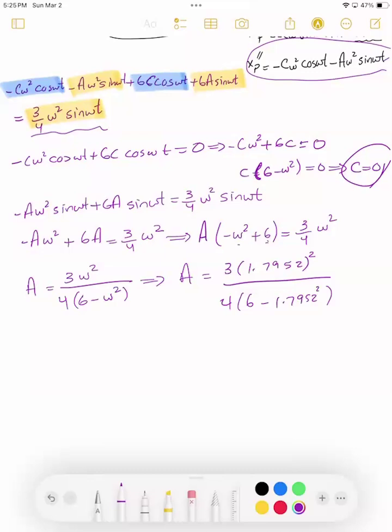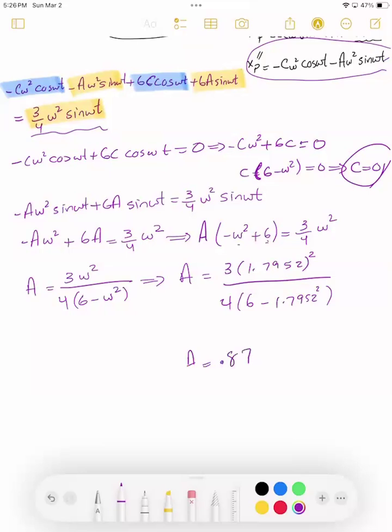We find 1.7952 to the power 2 and multiply that by 3, then divide that by 4 times 6 minus 1.7952 to the power 2.